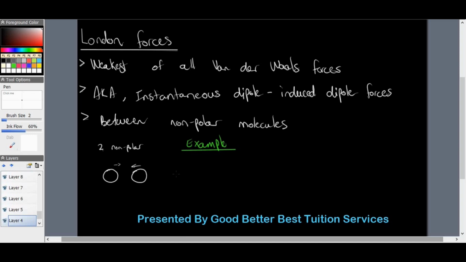Two of them. As a result, this is what will happen: they will collide and touch each other. Two momentary dipoles will be formed, so you'll have a positive and a negative. Here will be your positive, here will be your negative.